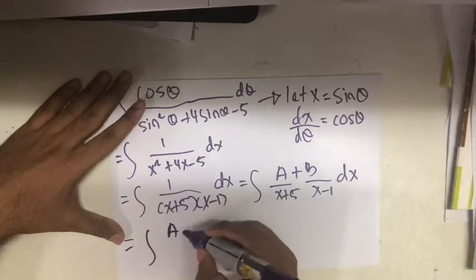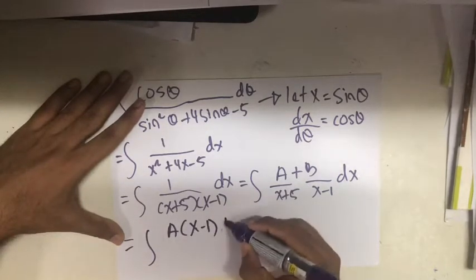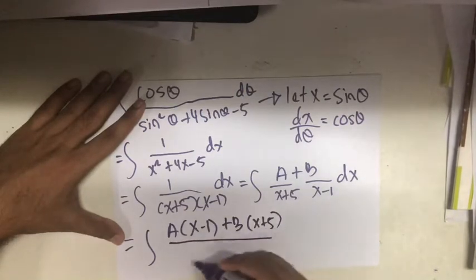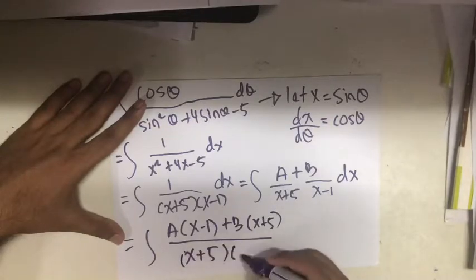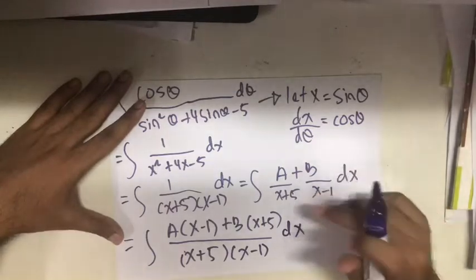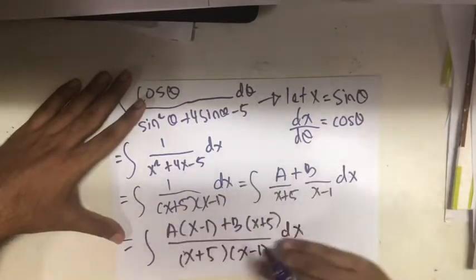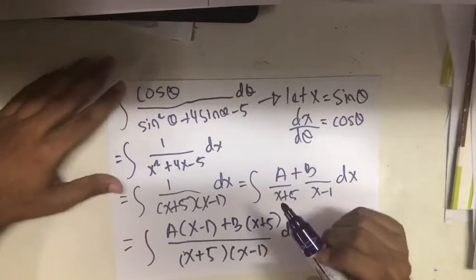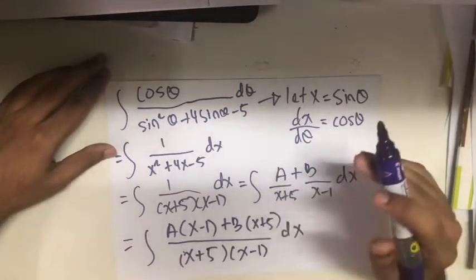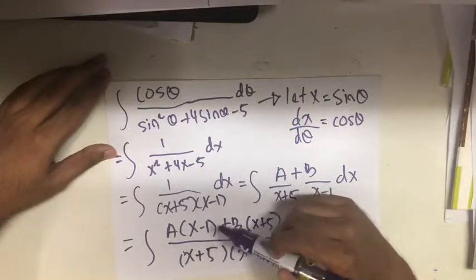So okay, this is currently the form of the equation. So what we're going to do right now is solve for a and b. In order for us to solve for a and b, we need to compare it first.